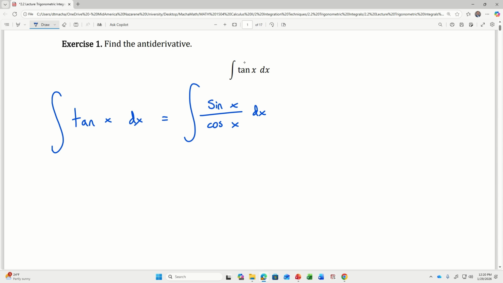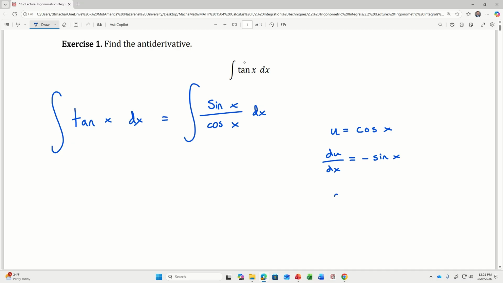And then I would recommend a u substitution. What should I set u equal to? Cosine of x. That's very good. If I set u equal to cosine, then the derivative of u with respect to x would be negative sine.